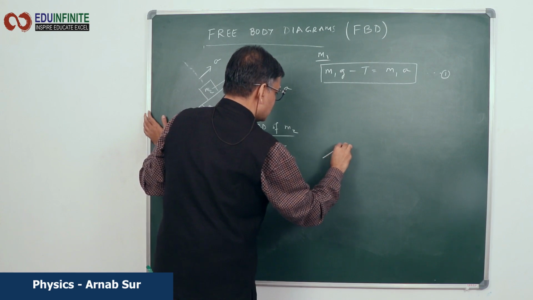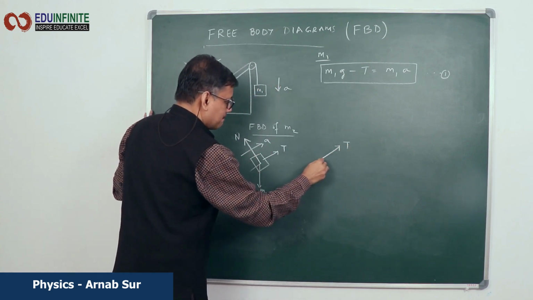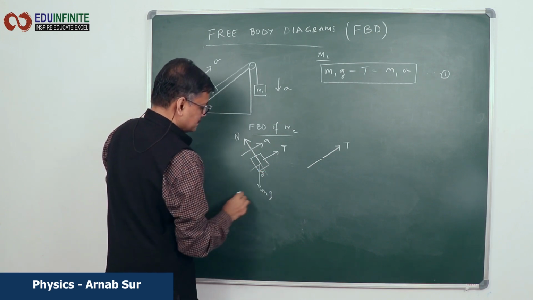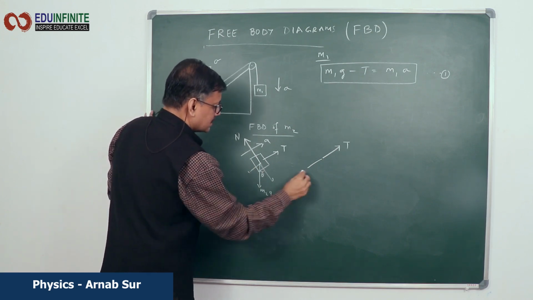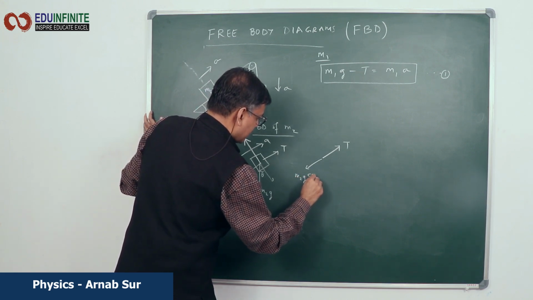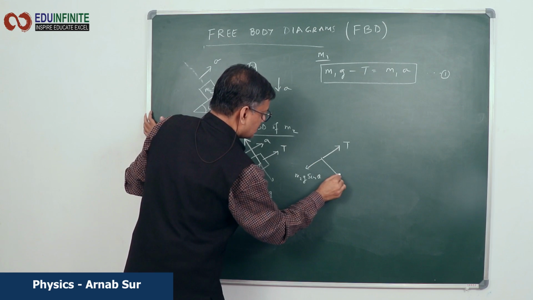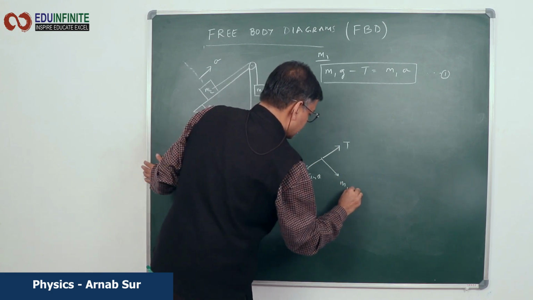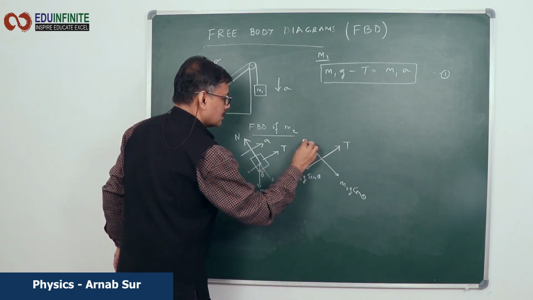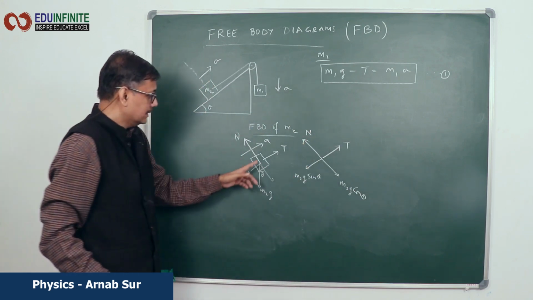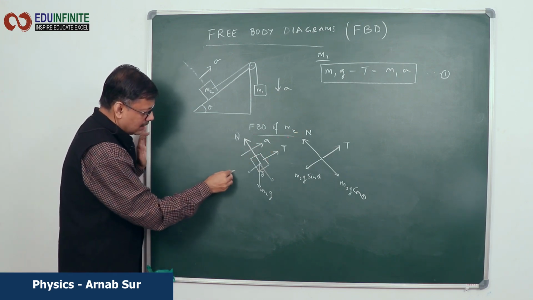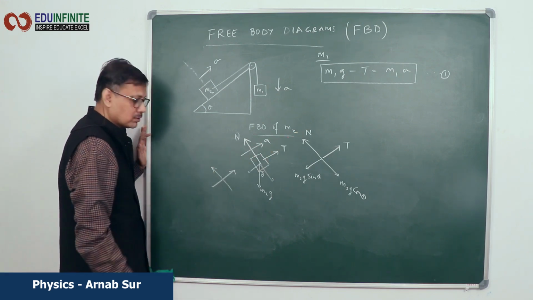you will get, this is T, because this angle is theta. This will be cos theta, this will be sin theta. So this will be m2g sin theta. This will be m2g cos theta. See, T and N, we are choosing the axes, one along the incline, another perpendicular to the incline.